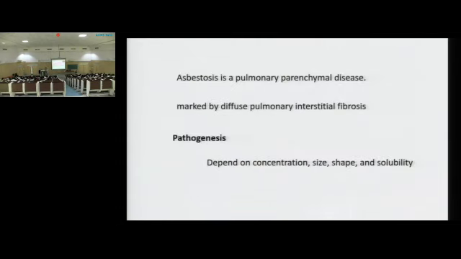Asbestosis is a pulmonary parenchymal disease marked by diffuse interstitial fibrosis due to injury to the pulmonary lining epithelium and parenchyma. In general, as we have seen, all these mechanisms depend on the concentration of the dust material, their size, their shape and solubility.